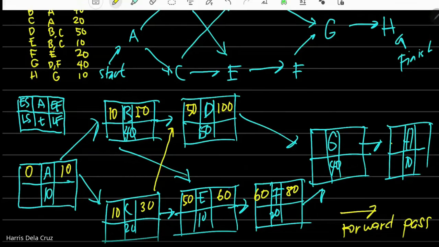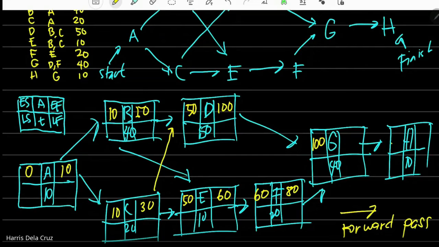Si G dependent both on D and F. So, kailan lang mag-start si G? Pag natapos na si D, kasi siya yung mas matagal. So, early start niya ay 100. So, ang idea, kukunin mo lang yung mas matagal doon sa dependencies niya. So, ito, isa lang ang dependent. So, kung ano yung value, carry over.